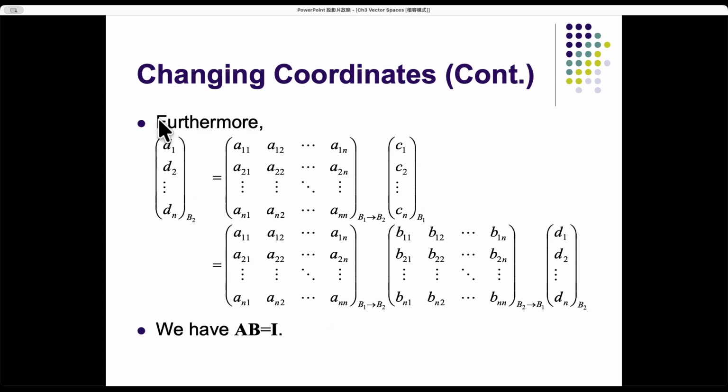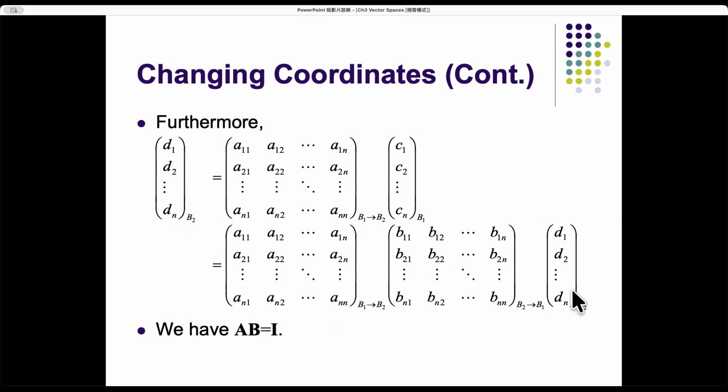That means this matrix times this matrix is going to be the identity matrix, because this vector and this vector are the same.